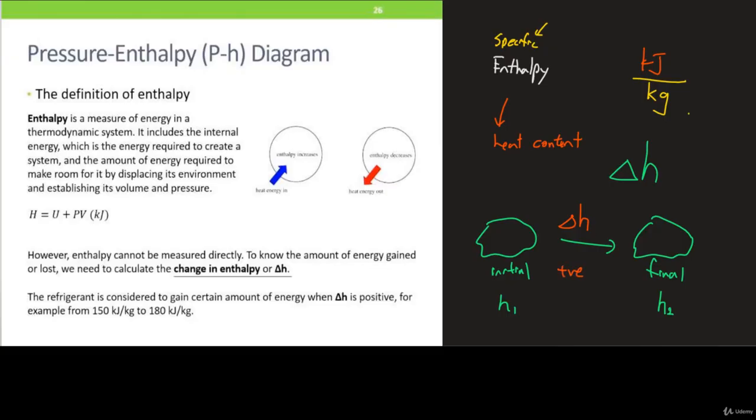If this value is positive, let's say plus 30 kilojoules per kg, it means it has gained energy, so most likely you have heated up the gas. If there's a loss in heat energy, let's say you heated up the surroundings but itself loses energy, your delta H will be negative. So the difference in enthalpy will give you more information.